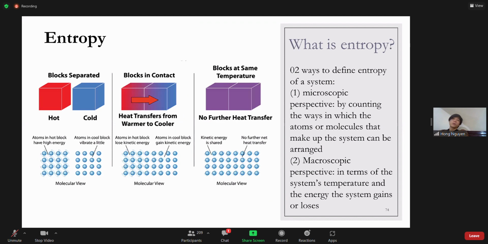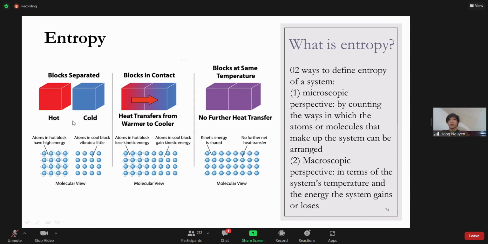Then there are two ways that we can define the entropy of a system. We can use a microscopic perspective, or we can use a macroscopic perspective. After we study the two ways to define the entropy of the system, we should be able to explain this figure.